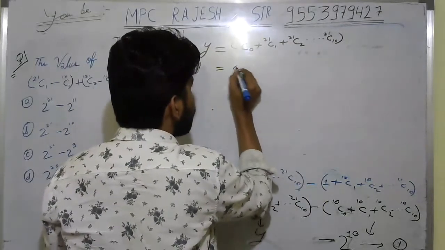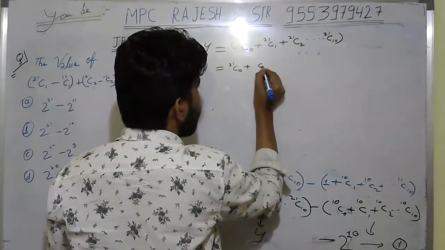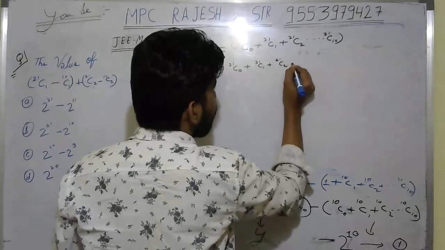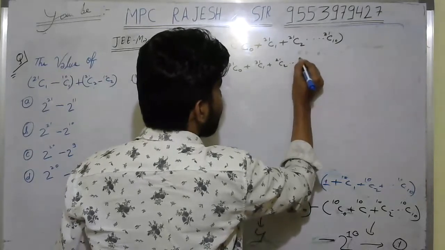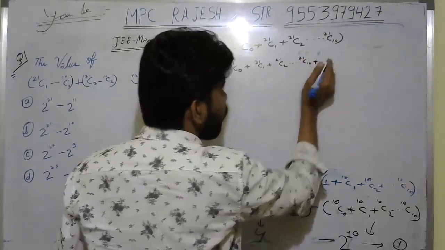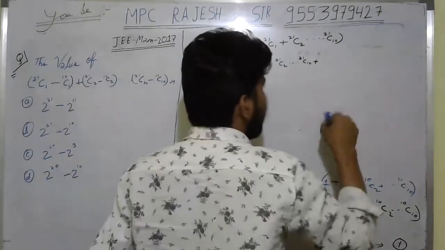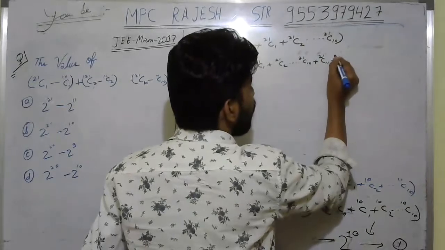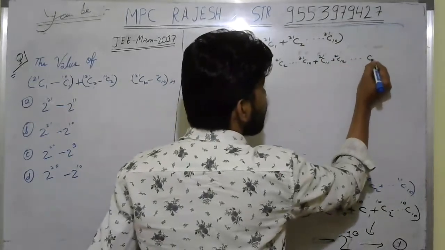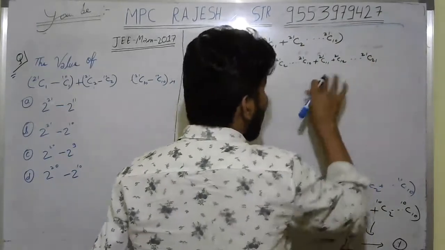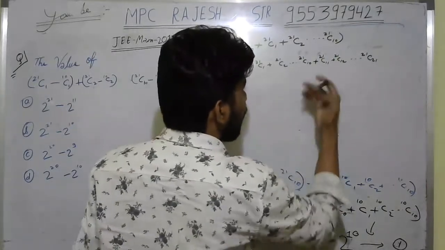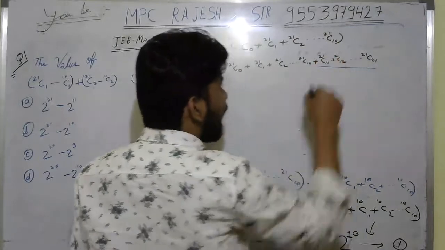Now we are adding another term: we are adding 21C11 plus 21C12 up to 21C21. We add here from 11 to 21.